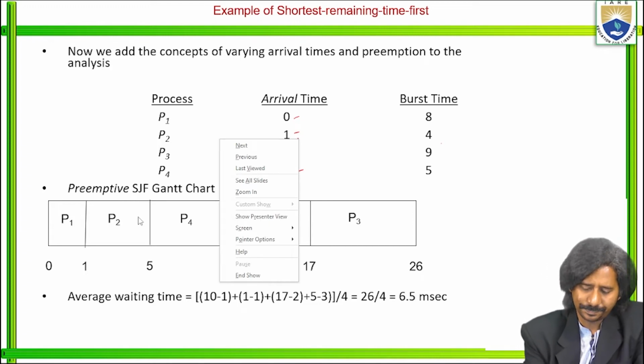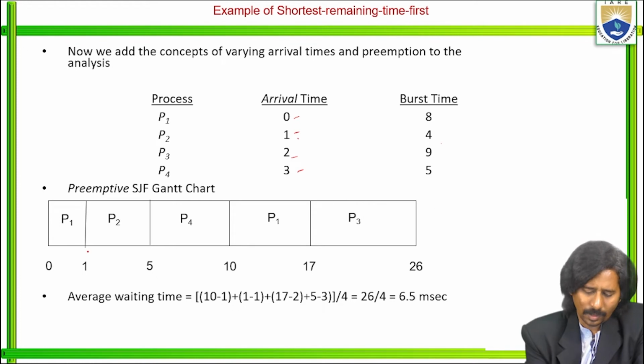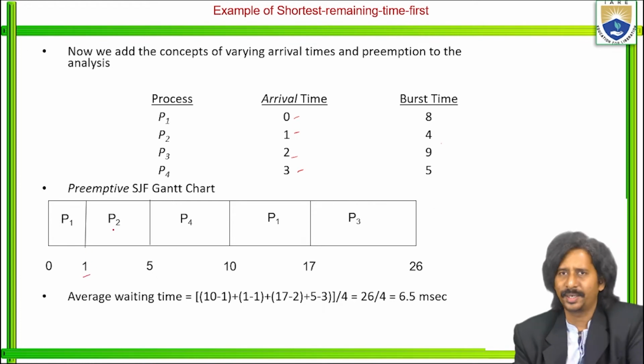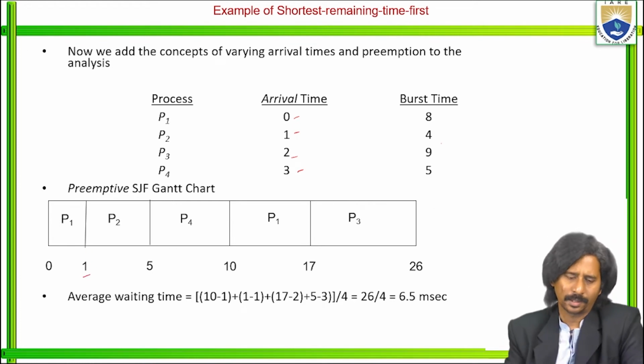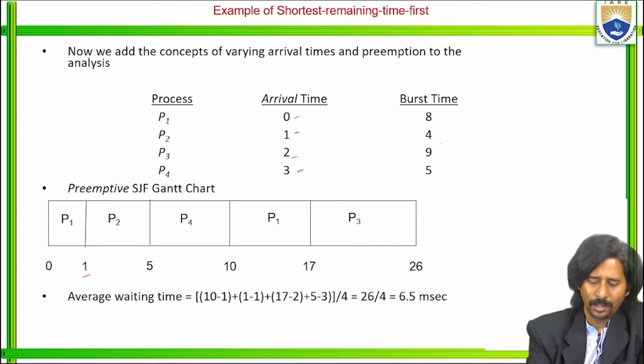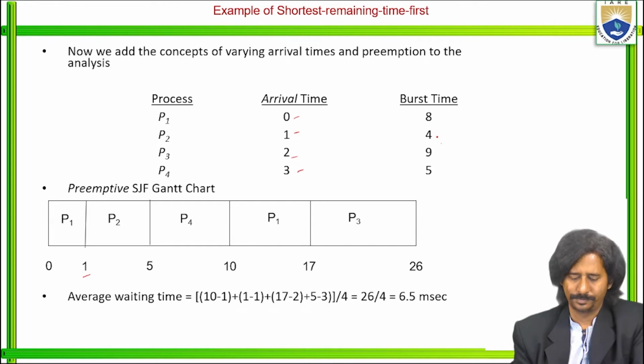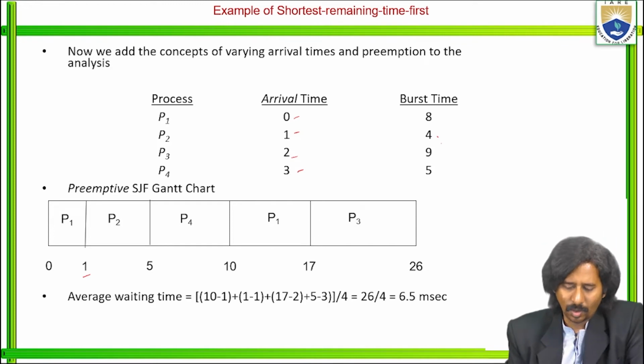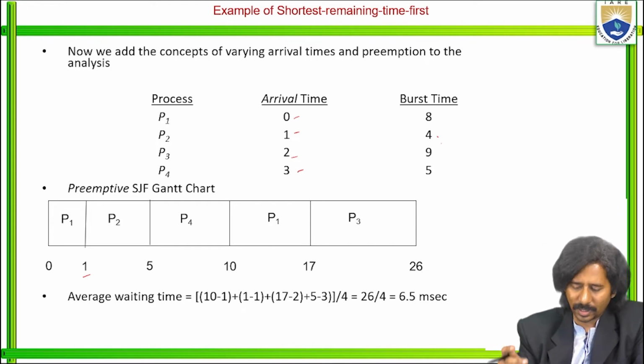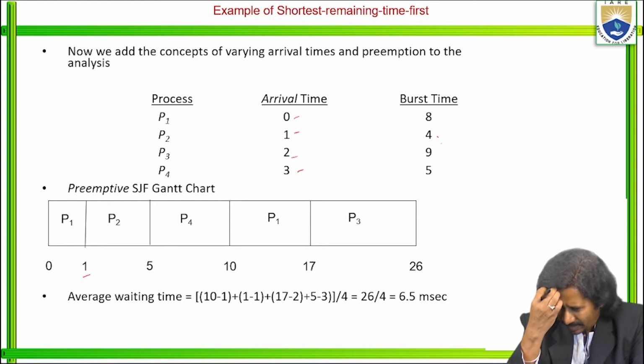But P2's burst time is 4, and P1 has already executed 1 millisecond.